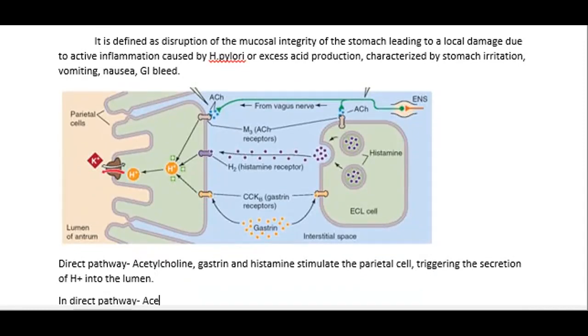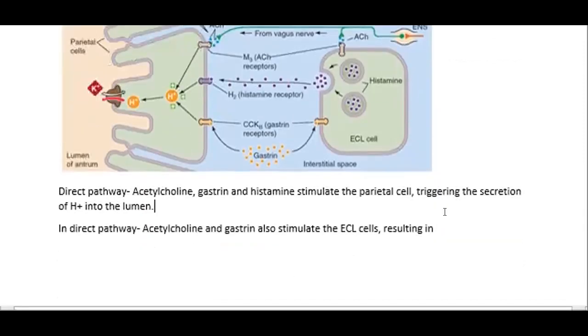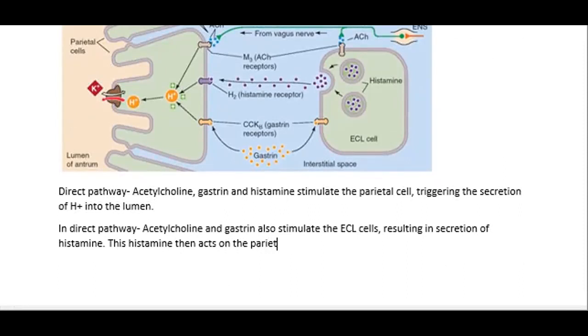In the indirect pathway, acetylcholine and gastrin also stimulate enterochromaffin-like cells, resulting in secretion of histamine, and this histamine then acts on the parietal cells, thus activating the H plus K plus pump and releasing the H plus ions into the lumen of the antrum.